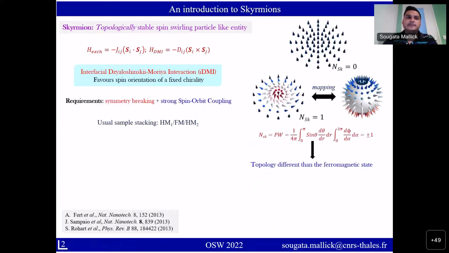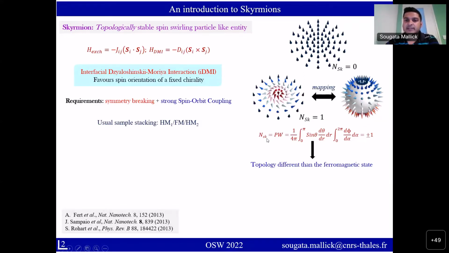Okay. So as Naveen has already told you, skyrmions are topologically stable spin-swirling particle-like entities. Now, in a skyrmion, if you go from one side with up spin through continuous rotation to down spin in the center, and you go to the up spin on the other side, you complete a full 2 pi rotation. And if you map them in a 3D structure, it looks like this.